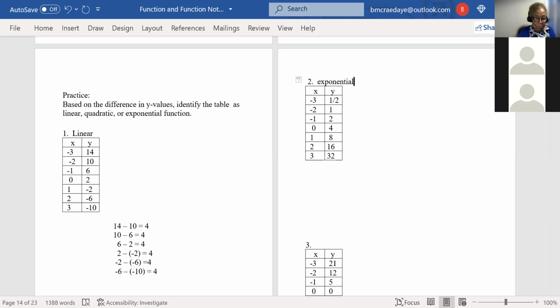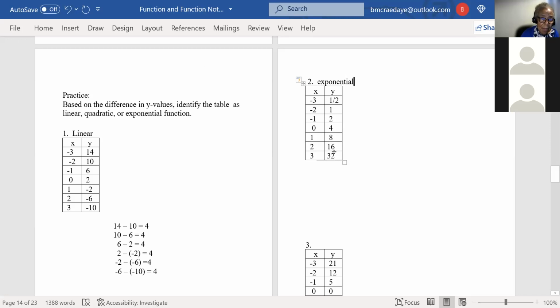Yeah. When you subtract, you don't get the same numbers, because 32 minus 16 is 16, 16 minus 8 is 8, 8 minus 4 is 4. So you're not getting the same difference, right? And if you took those differences and got differences again, you're not going to get the same. But you notice something here.